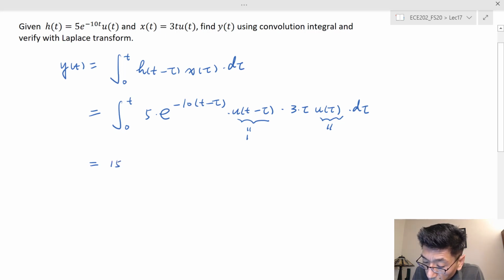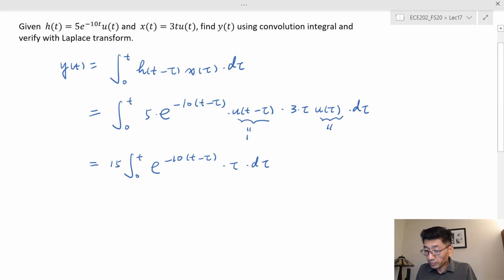So I combine 2 steps, drop these two, multiply 3 times the 5 and move it outside the integral. And e to the minus 10 (t minus tau) times 3 times tau d tau.